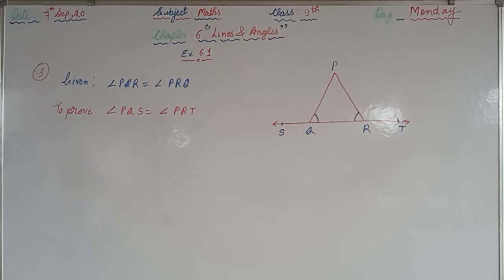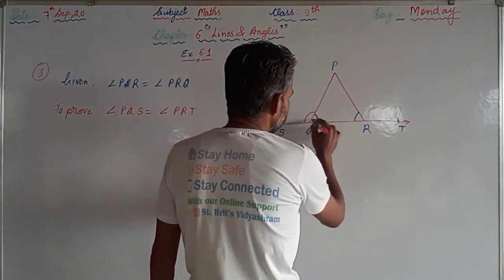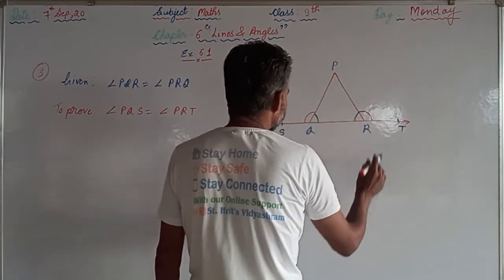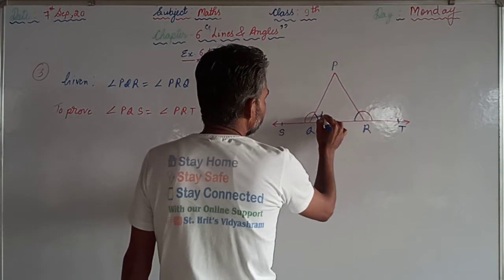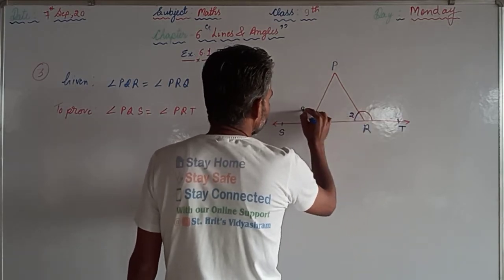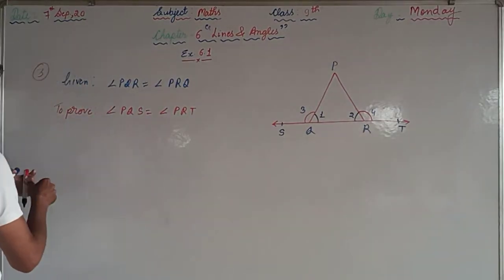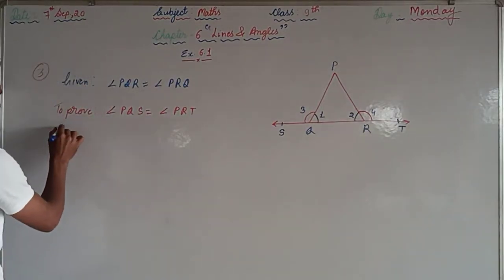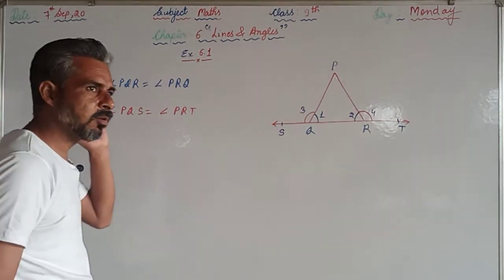PQS equal to PRT means we are supposed to show that this angle is equal to this angle. So we are doing the naming 1, 2, 3, 4. Let the angles be like that. Afterwards we are supposed to write the proof. So this is the way we have to proceed.